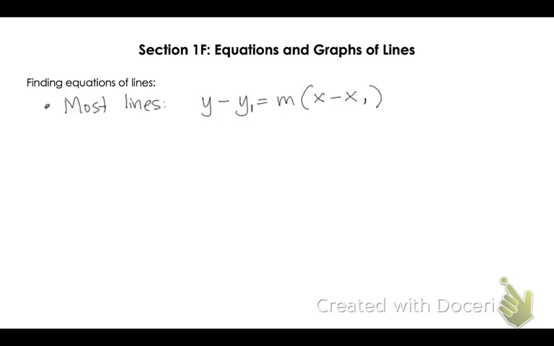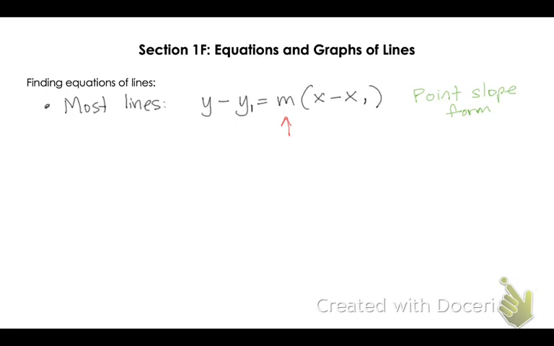This is called the point slope form of the line. That's going to be most lines that we're going to find the equation of.